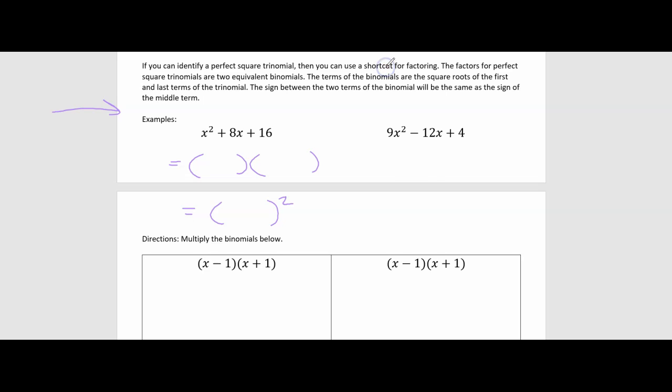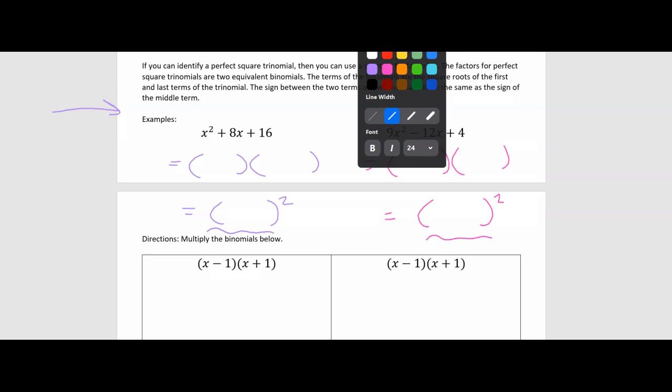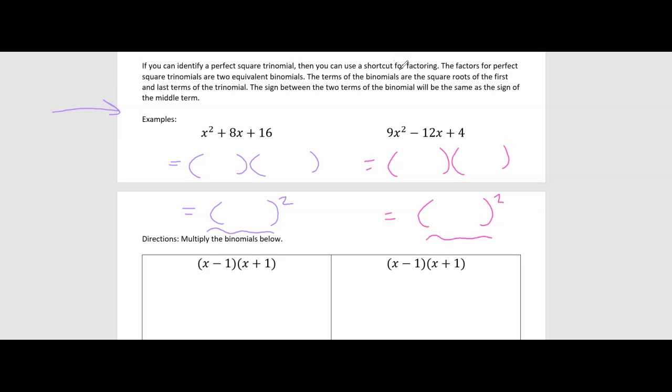I'm just going to set up what our factors are going to look like, and then we will fill them in. Eventually, we will see that they both factor into the same binomial squared, just like perfect squares do. So 1 is equal to 1 times 1, which is equal to 1 squared. 4 is equal to 2 times 2, which is equal to 2 squared. 9 is equal to 3 times 3, which is equal to 3 squared, and so forth.